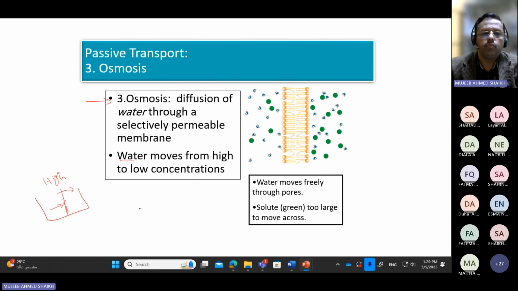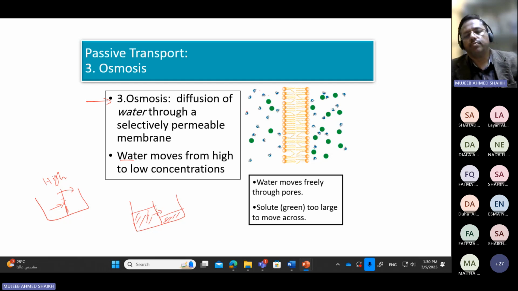Till what time will they move? Suppose we started, here is the higher concentration, here is the lower concentration. Now, if this membrane is semi-permeable, and water starts to move, till what time? The whole will go here or what? Equilibrium.